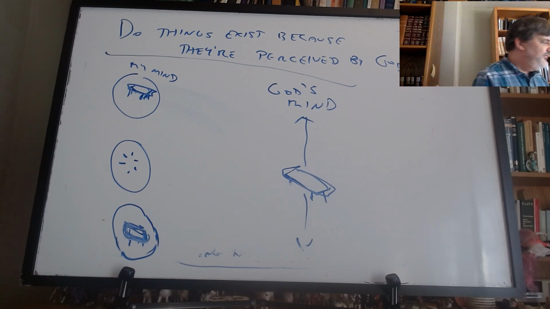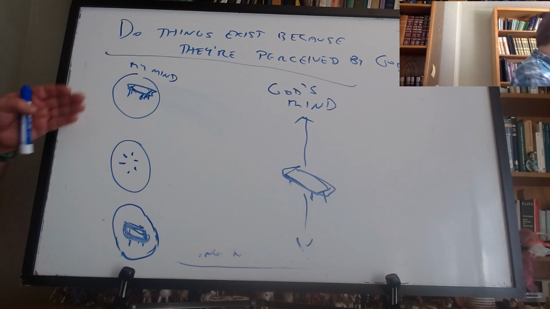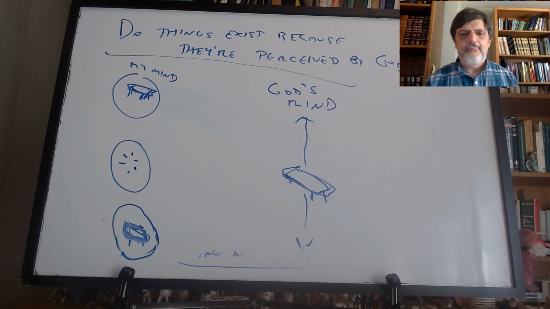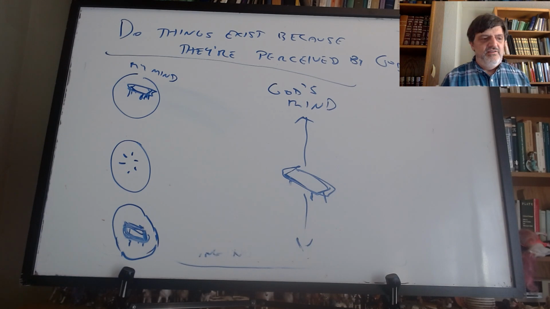Like, for example, suppose we turn off the lights. What color is the table that God sees? Is it black? Because the table I see is black because it's dark now. Or is it still whatever color the table was before?